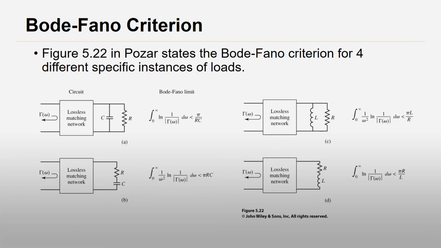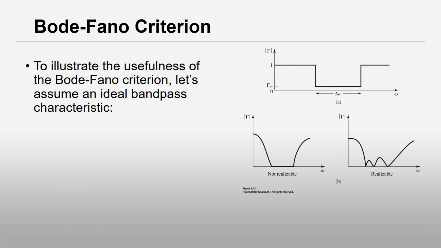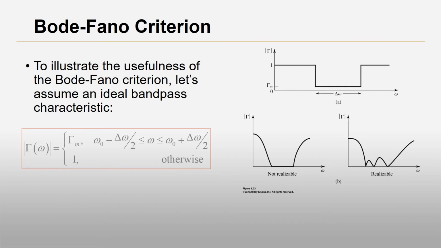Figure 5.22 in Pozar's book states the Bode-Fano criterion for 4 different specific instances of loads. And if we assume an ideal bandpass characteristic shown in the upper part of the figure, then we will have the following characteristic, that gamma magnitude is equal to gamma m in the bandwidth, but it's equal to 1 otherwise.